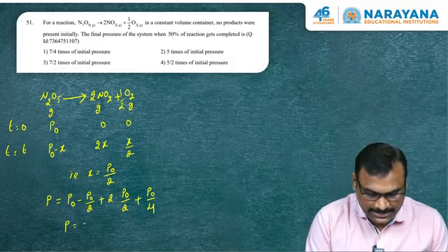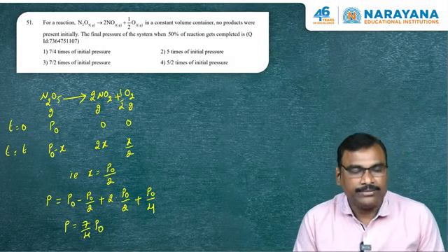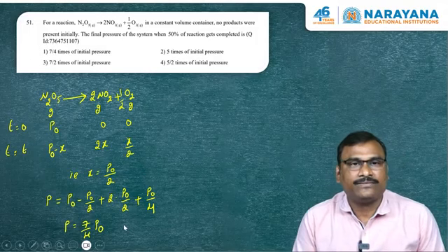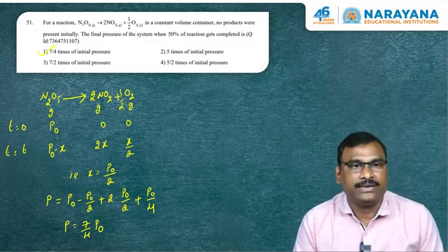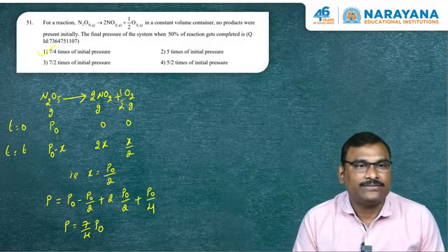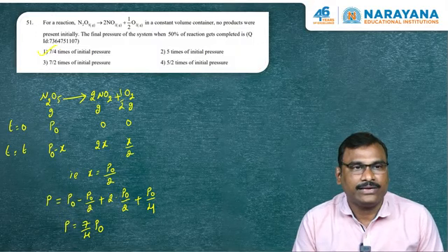Then P is equal to 7 by 4 P naught. That means the total pressure of the system when 50% of the reaction gets completed is 7 by 4 times its initial pressure. So, option 1 should be the correct answer for the given question.